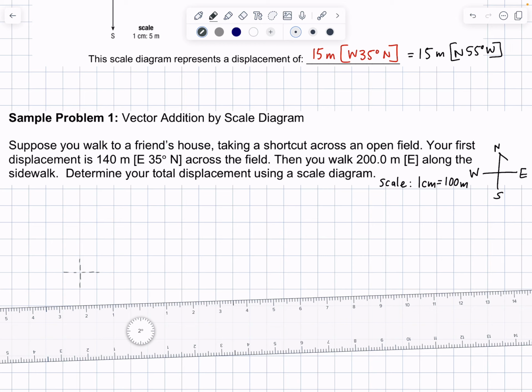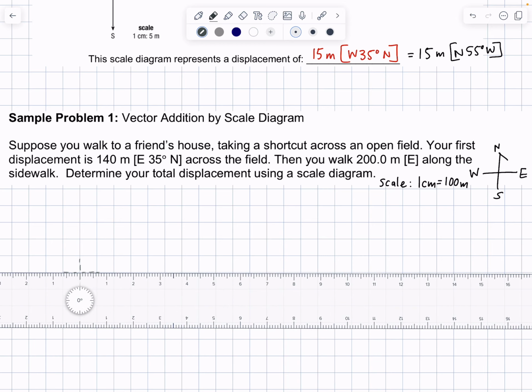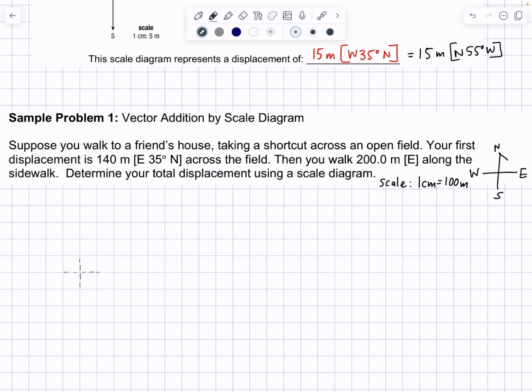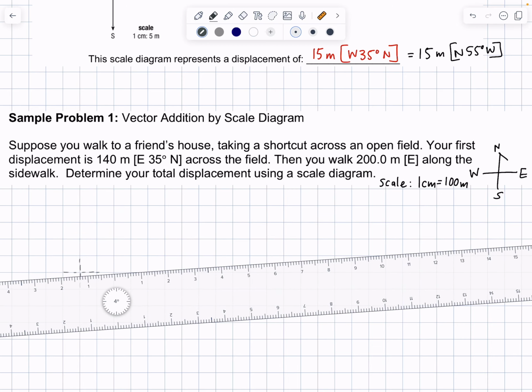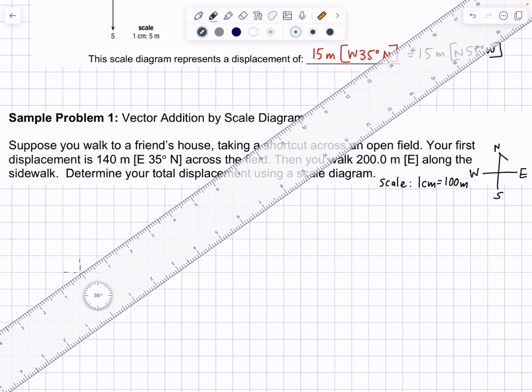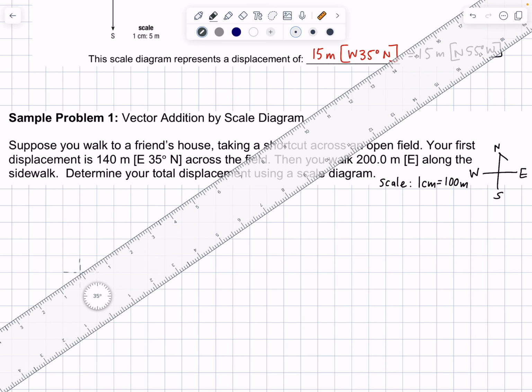And from this dashed line, I am going to set up the base of my ruler, and I'm going to angle it to 35 degrees north of east. Once I've positioned the direction correctly, then I can draw the vector using the scale.